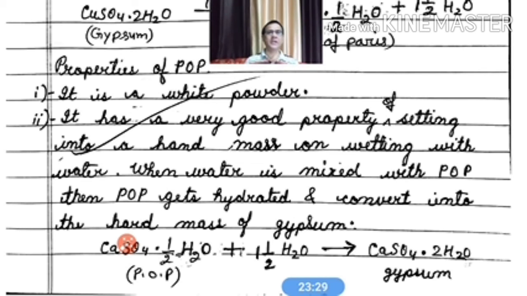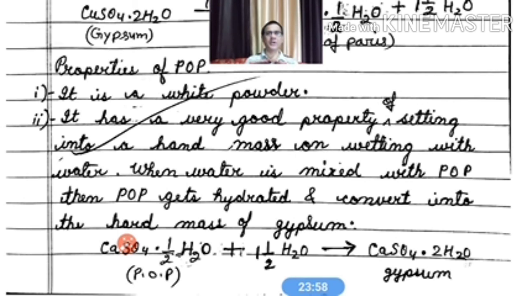Very often you might have seen in orthopedic hospitals where the bones of a person are fractured, what the doctors do, they use POP powder. They take the POP powder and mix it with water and leave it for some time. So when POP comes in contact with the water, it converts into a hard mass, and that is called gypsum.